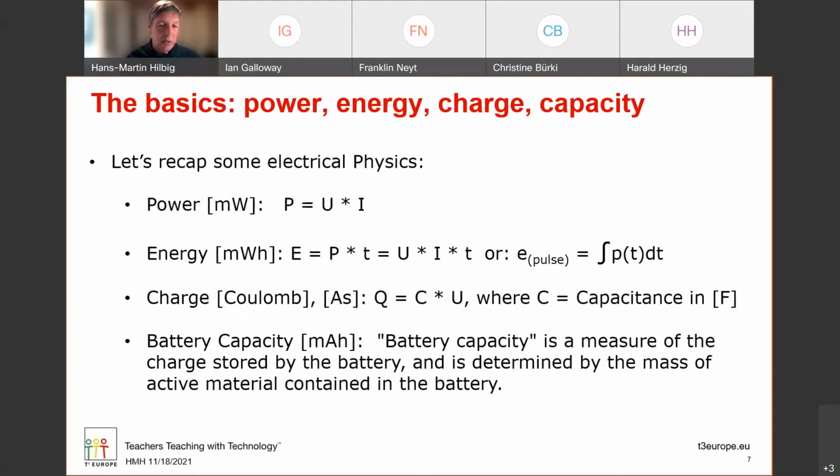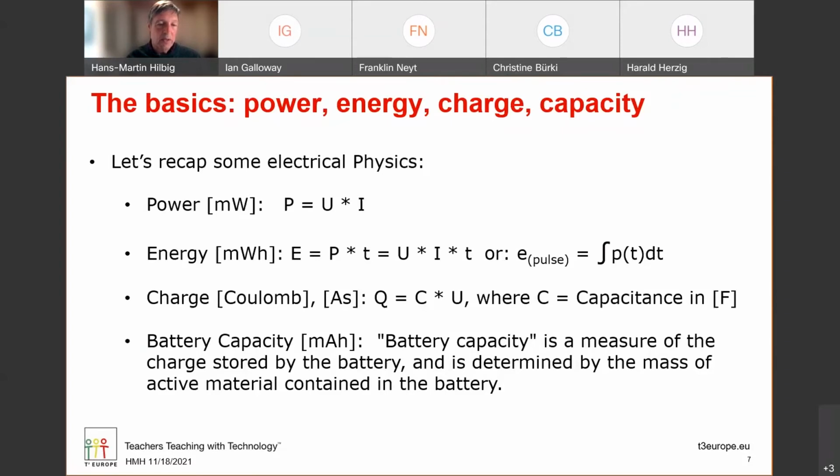So the higher the voltage is at the same current, the higher the wattage that you consume, or the higher the current is at the same given voltage, the higher the power that you consume. And the difference between power and energy is simply that another domain comes into play, which is time, right? So power multiplied by time gives energy.